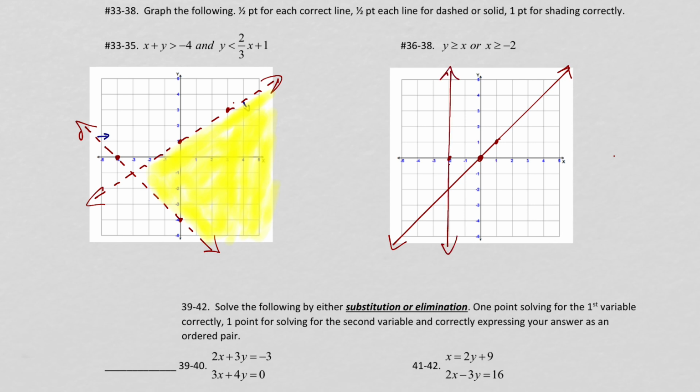Now, this is an or, not an and, so I've got to graph everything. So when I graph this, the y, I'm graphing on the upper side of this line, which is this side of this line. So I'm going to be shading everything on this side of this line.